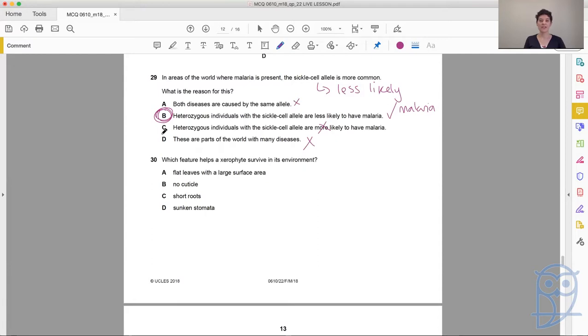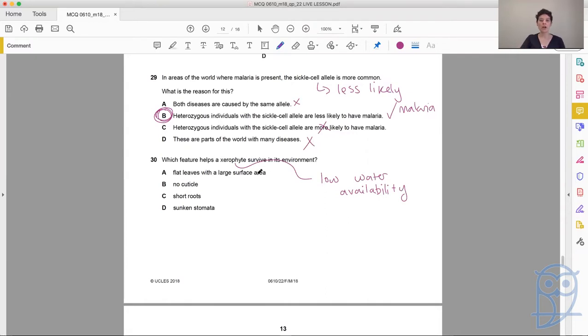Question 30. Which feature helps a xerophyte survive in its environment? So, xerophytes, xerophytic plants, have low water availability. So, our plants that are living in deserts, for example. So, what is a feature here that conserves water?